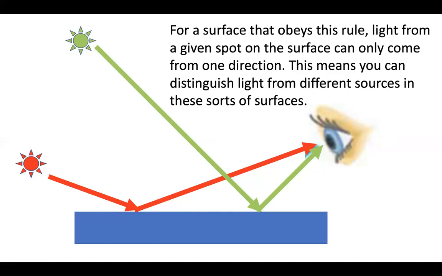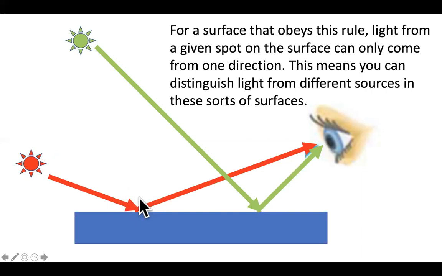The important thing to understand is, if we're looking down at the mirror, this is the only place where the angle of incidence and the angle of reflection match. If we try to do this with the green source here, it would come down at a steep angle and bounce out at a shallow angle. That's not allowed. So if we look here, we only see the green source.